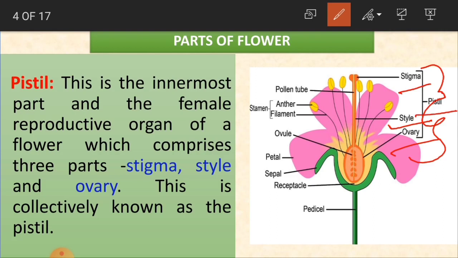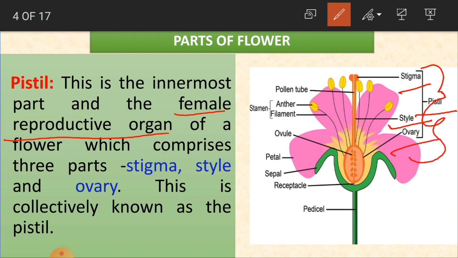This is the innermost part and the female reproductive organ of the flower. It lies inside the flower, innermost. This pistil helps in reproducing flowers through seeds.